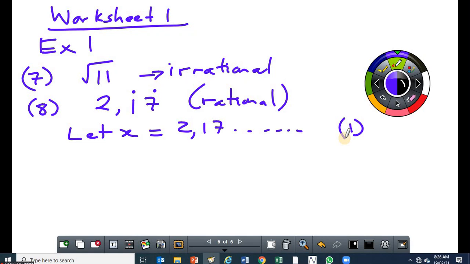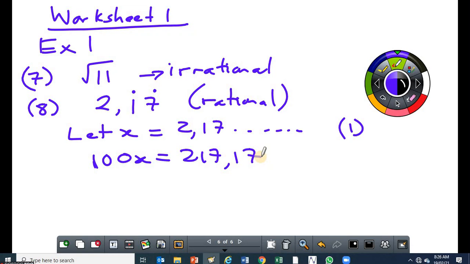So the next thing now, we are going to multiply this equation on both sides by 100 for us to be able to convert to a common fraction. So the next step will be, you can say therefore, if you want, 100x is going to be equal to 217.17. Now, it's very important for you to know that in the first equation, there is the 1 after that 7, and after there is the 1 after this 7, and there's another 7, and then it carries on.